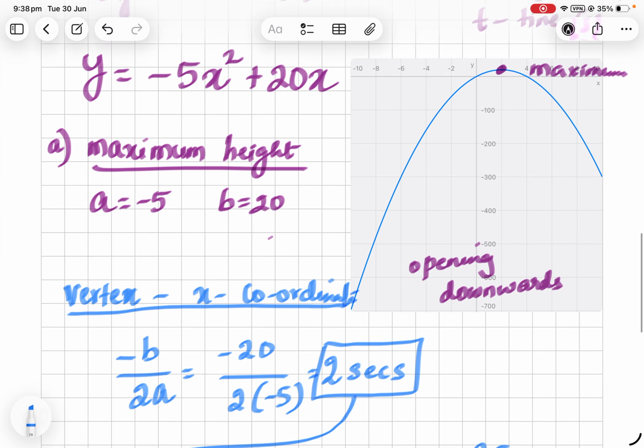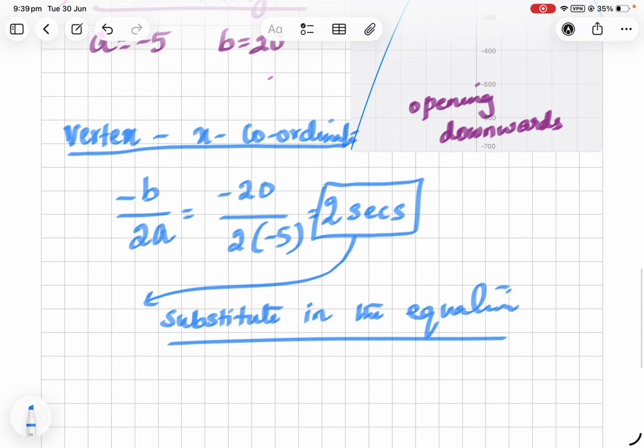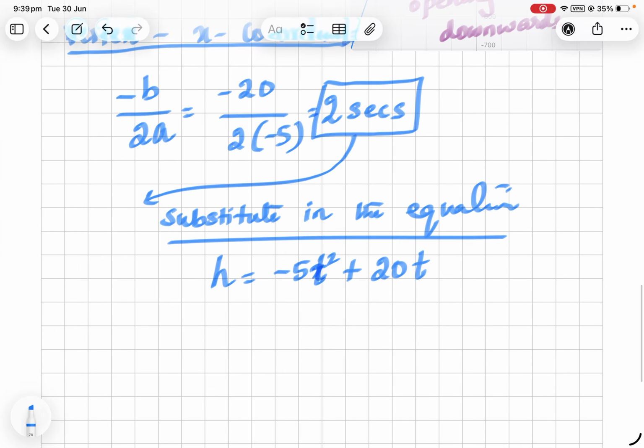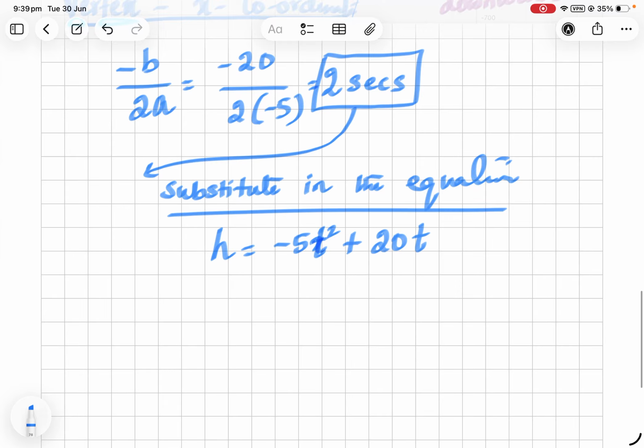What is your original equation? We said your h is equal to negative 5t squared plus 20t. Now that we have the time, 2 seconds, I'm going to do h is equal to negative 5 times 2 squared plus 20 times 2.